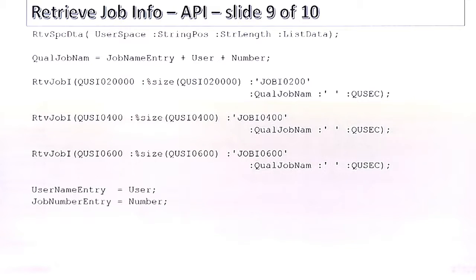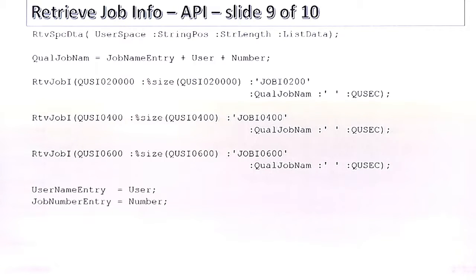And then I just do these 3, which I don't even need 600. I put it in there and was using something else from it, but I don't really need it. But it didn't hurt to go get it. You could take it out when you code this yourself. Because all I really need is 200 and 400.